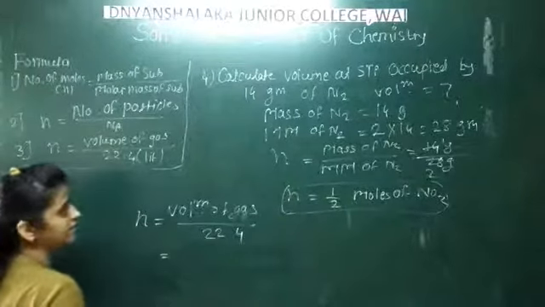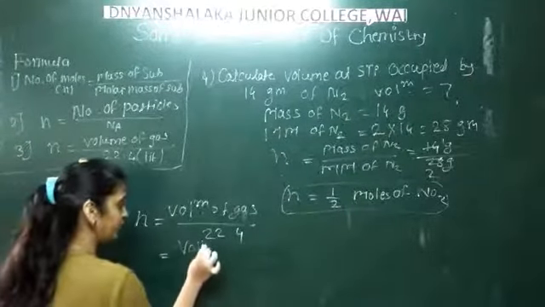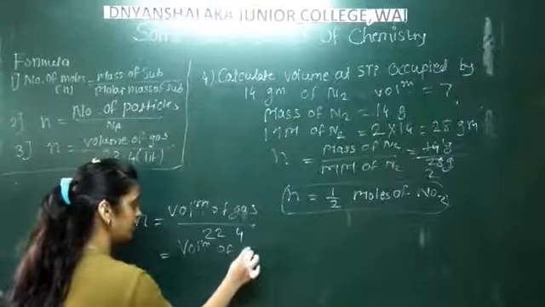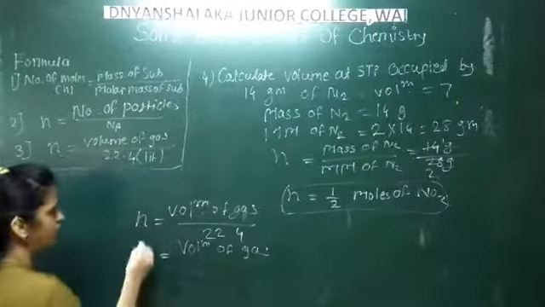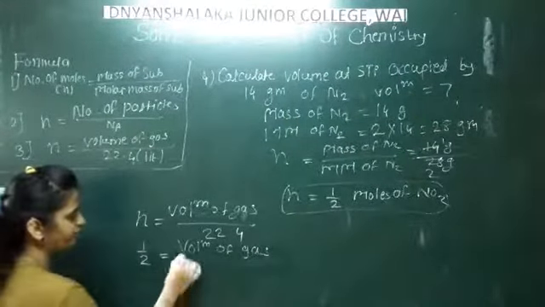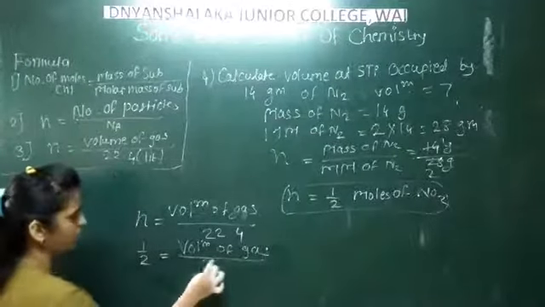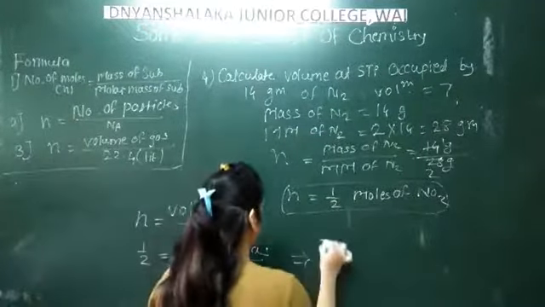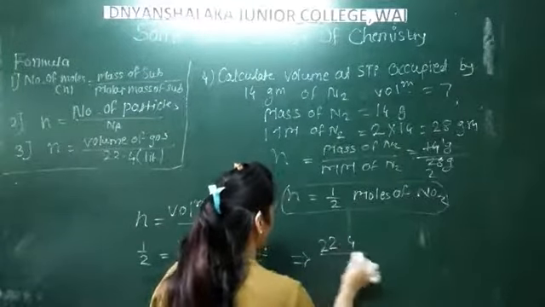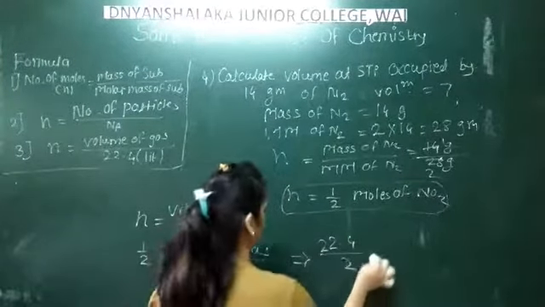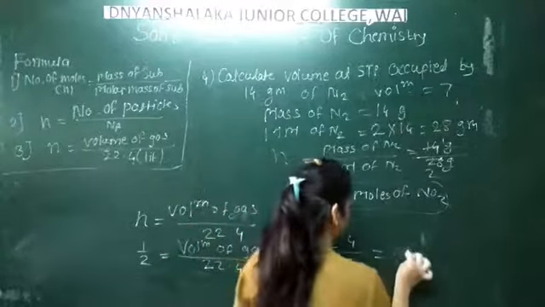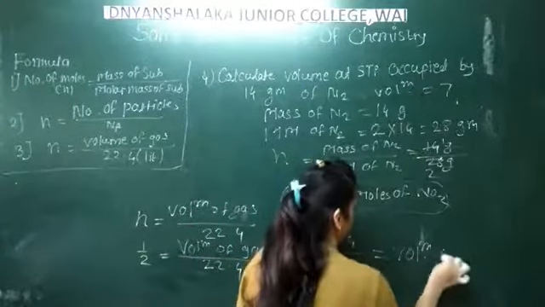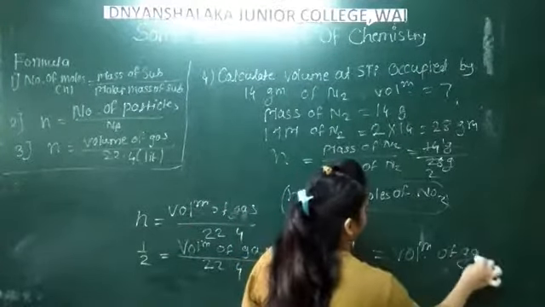So the volume of gas is to be calculated, and n is 1/2. Rearranging this equation, we get 22.4 divided by 2, which is the volume of gas.